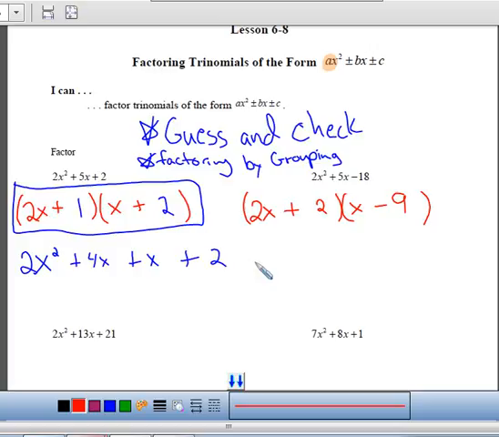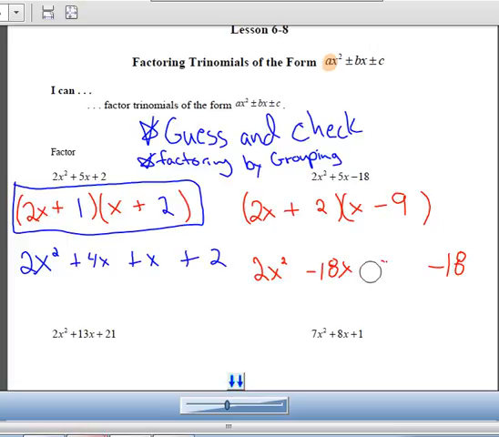We already know we're going to have a 2x squared and we're going to have a negative 18 at the end. We're looking for the stuff in the middle to give us our positive 5x. So 2x times negative 9 is negative 18x. 2 times x is 2x. That's not going to work. That's not going to give me what I'm looking for.